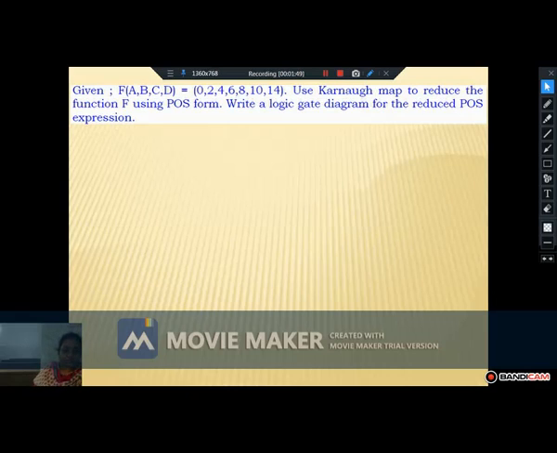As we know, sigma indicates the SOP expression and pi indicates the POS expression, but they have given the terms 0, 2, 4, 6, 8, 10, 14, and they have told us to use K-map to reduce the function f using POS form. Write a logic gate diagram for the reduced POS expression.